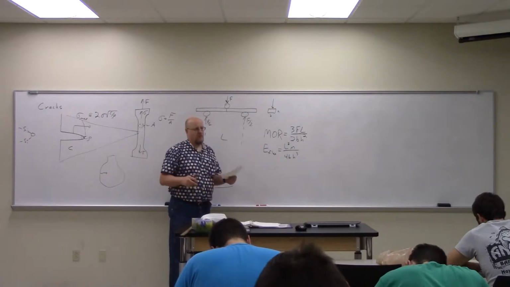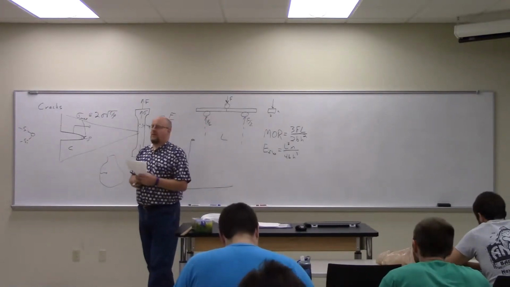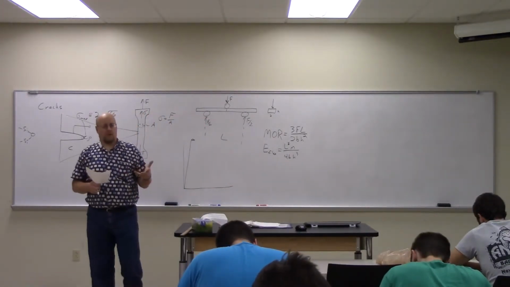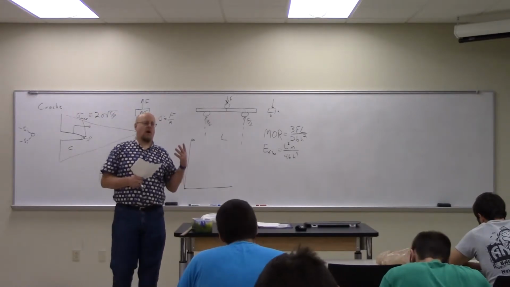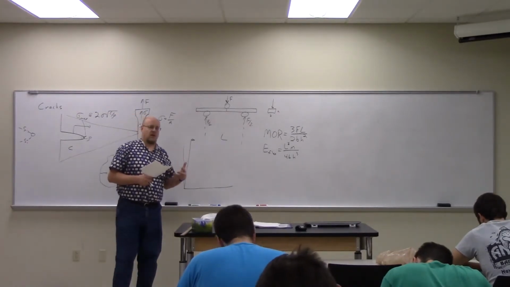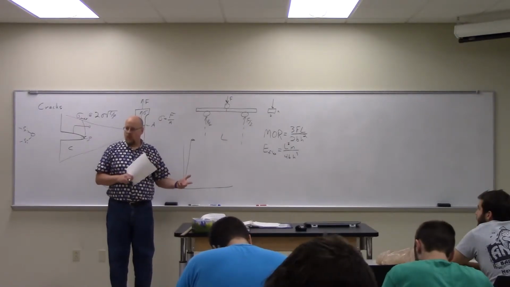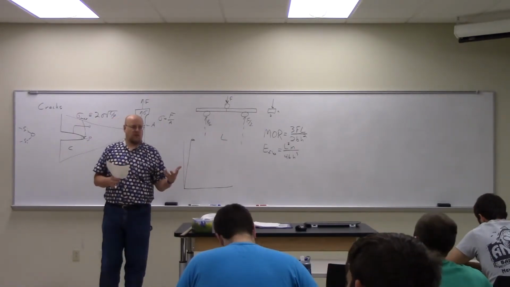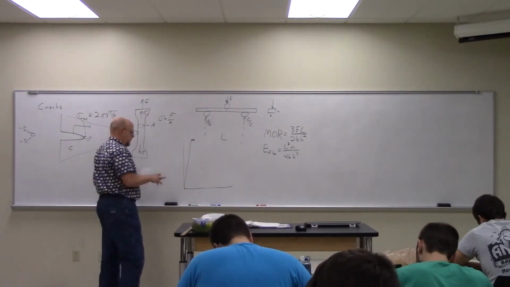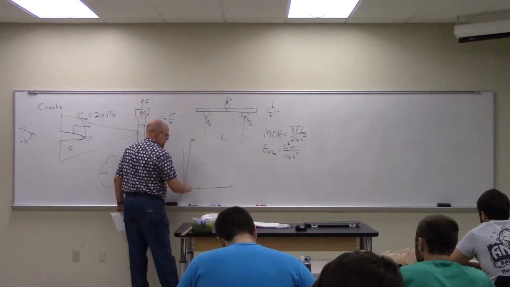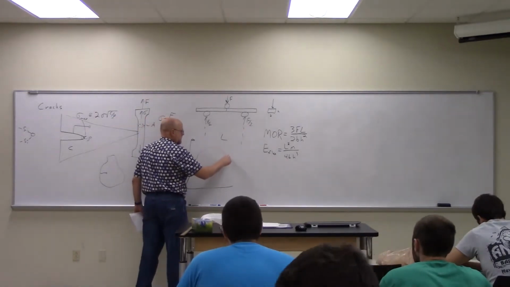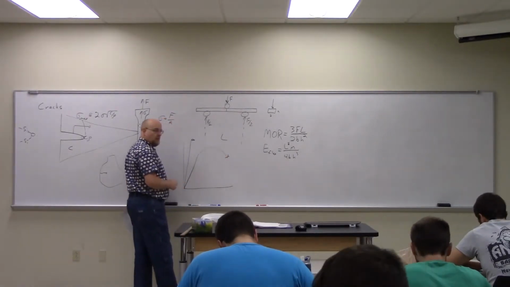The flexural test is used oftentimes for polymeric materials, where they behave differently in tension than they do in compression. So everything up to this point I've been talking about tensile performance, right? So the stress strain curve in tension, something like that, right?